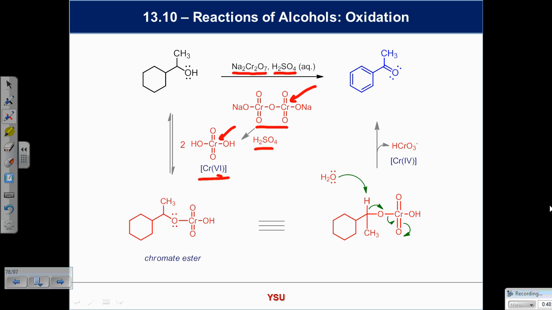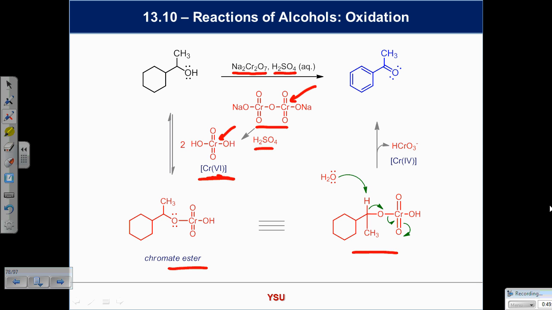So it's missing electron density, it would like some back. And the whole motivation for this process to work is for that chromium to go from 6 to 4. And that thermodynamic driving force results in the carbonyl. It results in the oxidation process. So as this gets reduced, the carbon gets oxidized. We will have to think about this becoming what we call a chromate ester. We'll deal with that on Friday. And then we'll do this.